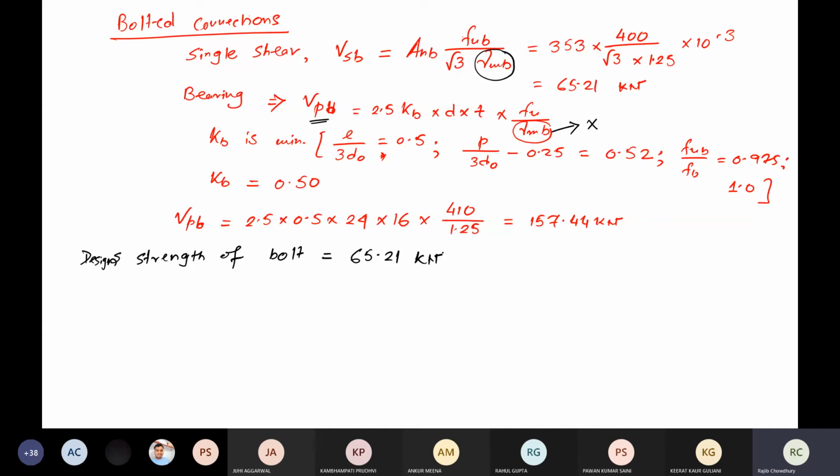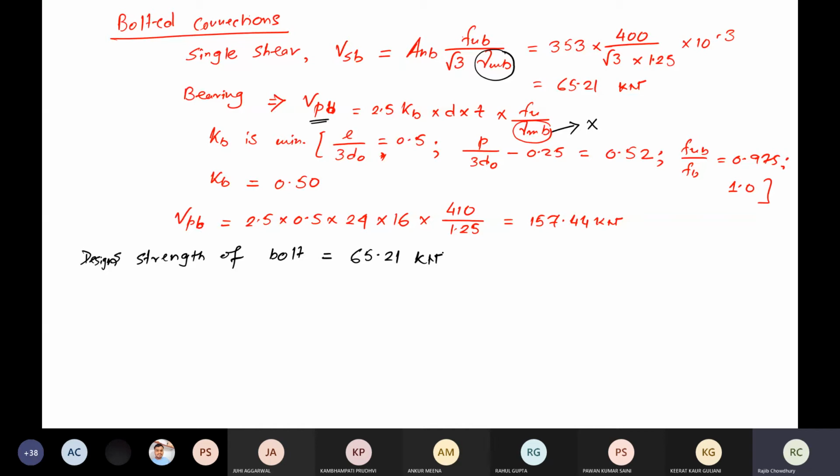So the number of bolts required to connect the column flanges with the gusset plate: I am making a 50% reduction, because I assume 50% of the load will transfer through bearing and 50% through the fasteners or connectors.